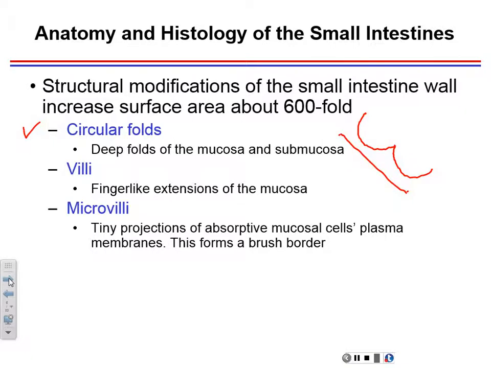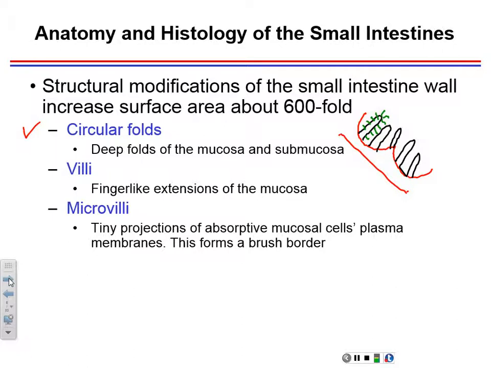Then you have villus on it. On those circular folds, you have villus. You're not done yet. And then you have microvilli on that. Can you imagine that? This is how you ratchet the area up to 600-fold.